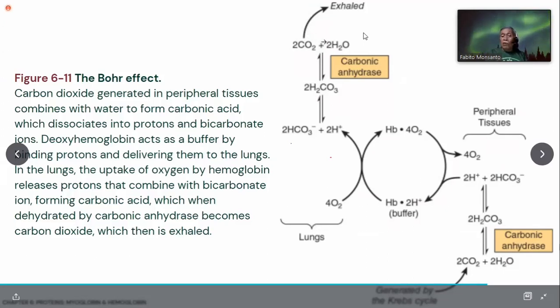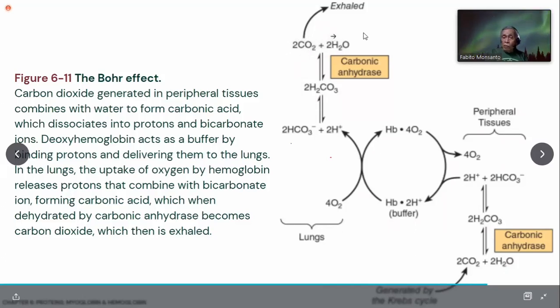So the water is the moisture every time you breathe out. You are breathing out water and carbon dioxide.